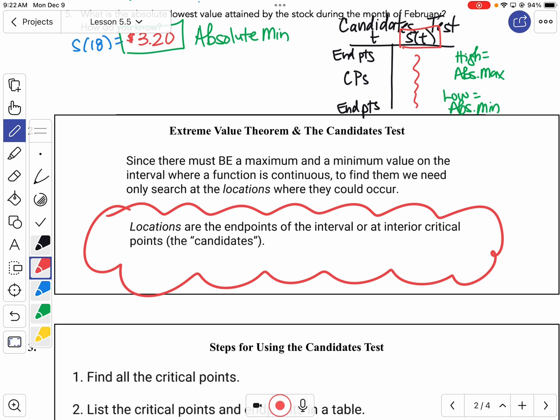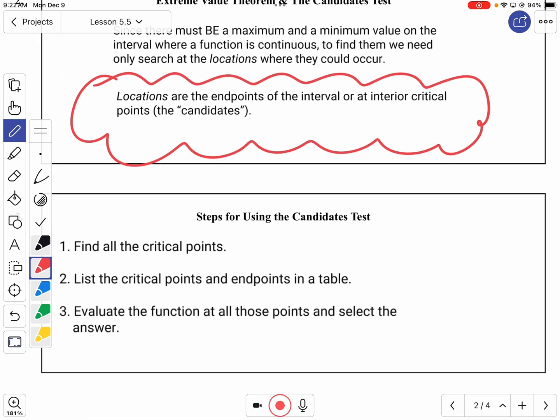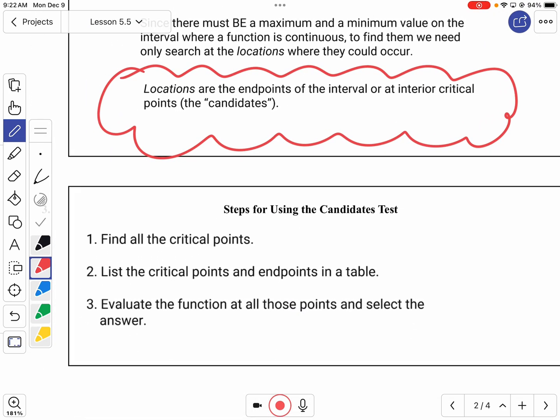Then you look at those endpoints and the critical points. Here are your 3 steps: find the critical points, list the critical points and the endpoints in a table, and then evaluate the function at all those points. The calculus is in knowing how to do it and finding the critical points. The rest is just algebra, evaluating, and drawing conclusions.